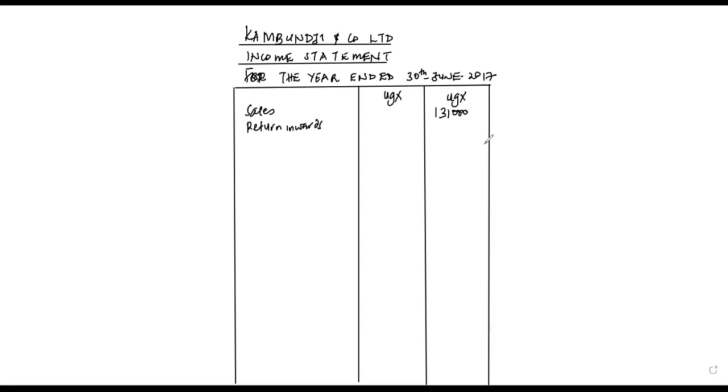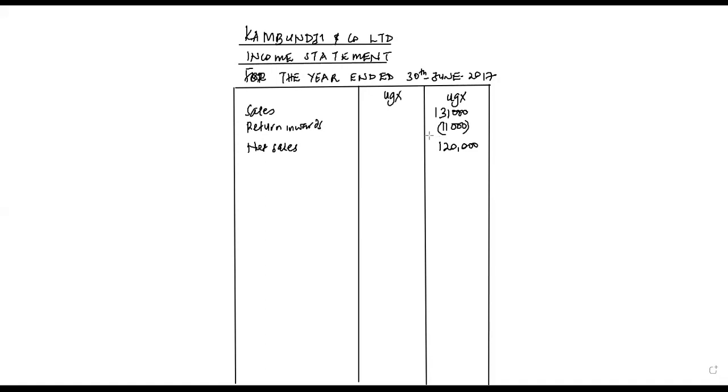We have to reduce our sales figure by the return inwards, and this is 11,000. 131,000 minus 11,000 gives us 120,000. That is our net sales figure.